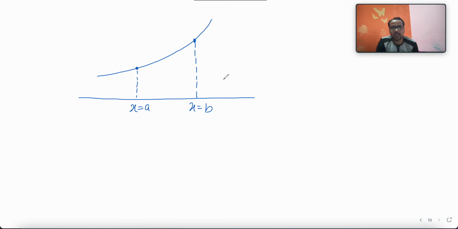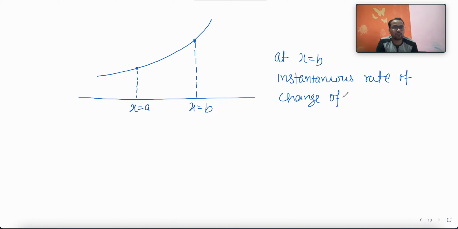So you can simply say at x equal to b, the instantaneous rate of change of y with respect to x is more. Now the thing is how we can calculate this.